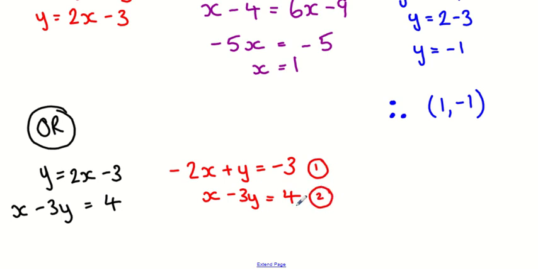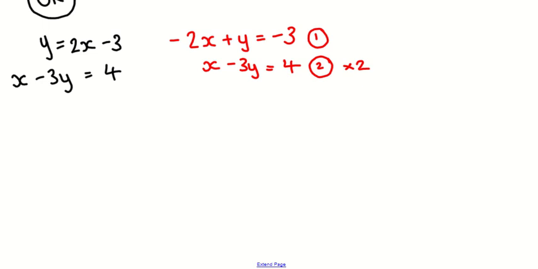We could solve these simultaneously, so you can either eliminate the x's or the y's. So if I want you to times this one by 2, keep the top one the same, I'll get 2x minus 6y equals 8.